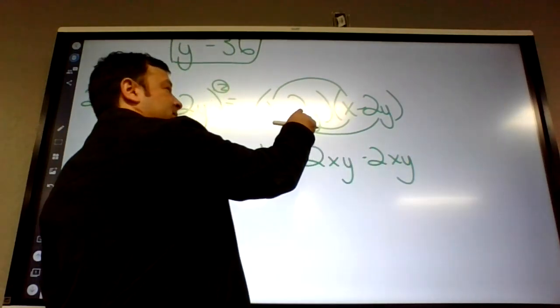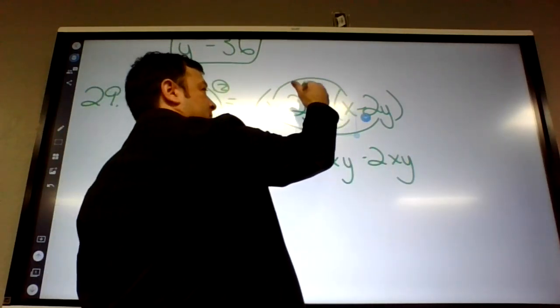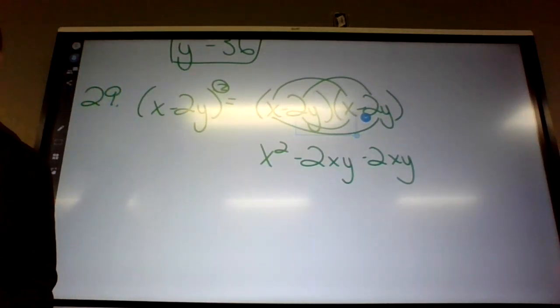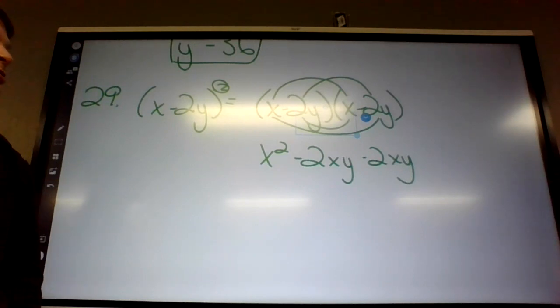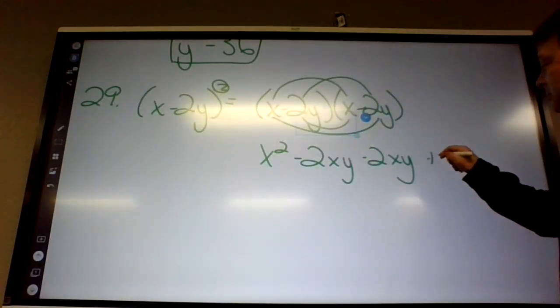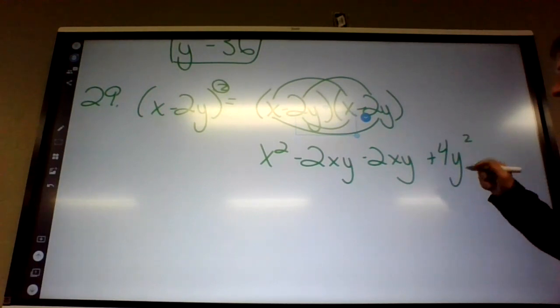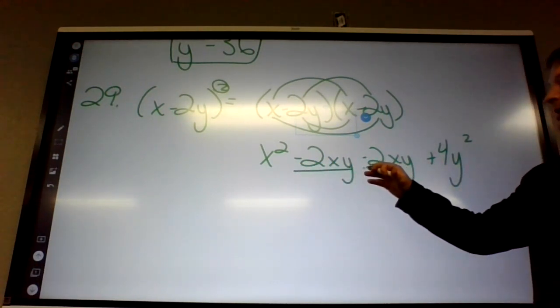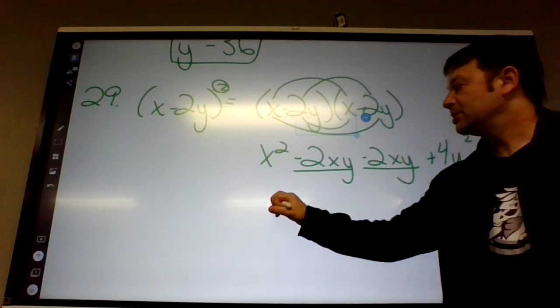And then negative 2y times negative 2y. Two times two, and then y times y. Right. Okay, and then in the middle we have negative 2 minus 2.